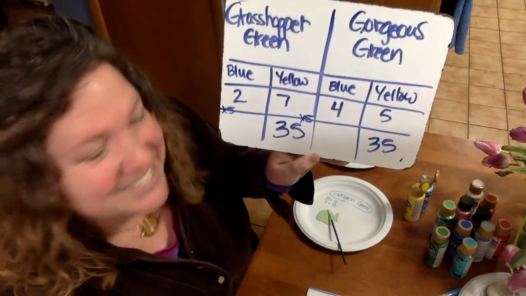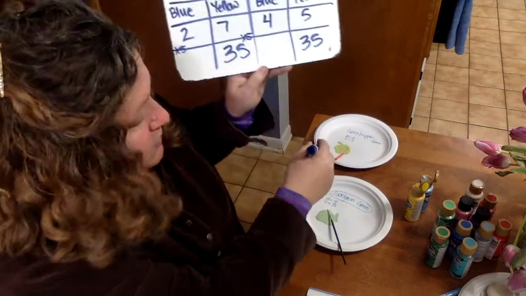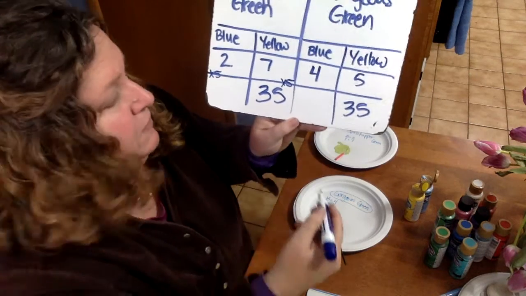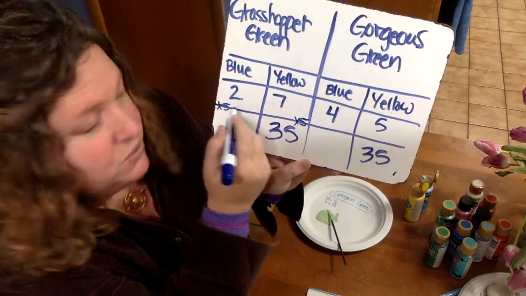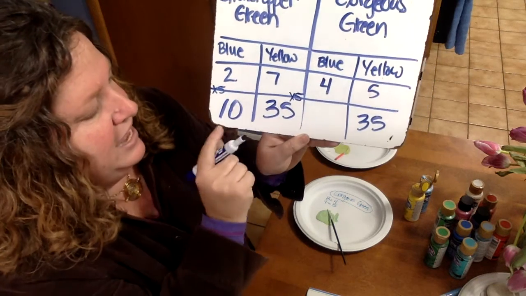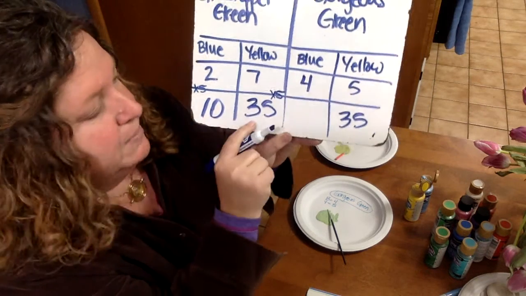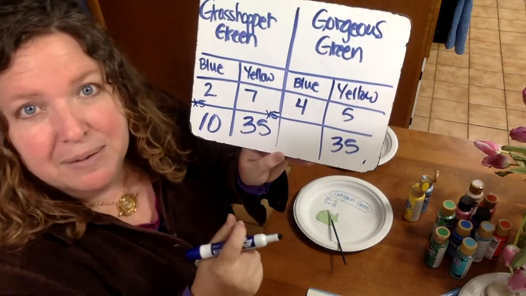That would be ridiculous. But we could do just what we did 5 times over. Then we would have 35 drops of yellow, and blue was 2, so if we did 5 times, it would be 10. So we have 10 drops of blue compared to 35 drops of yellow, and that's for grasshopper green.